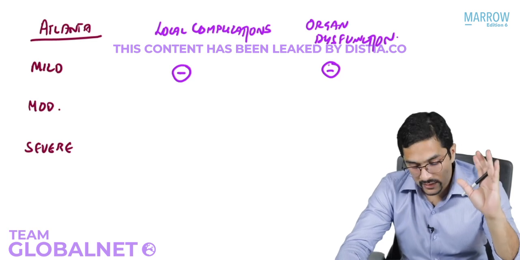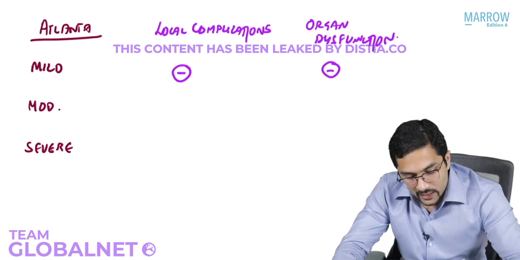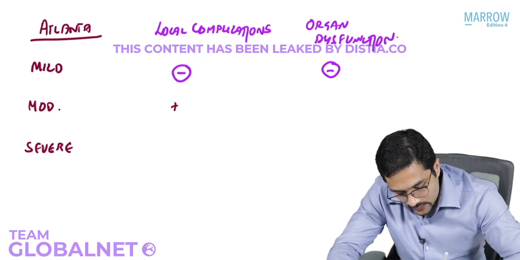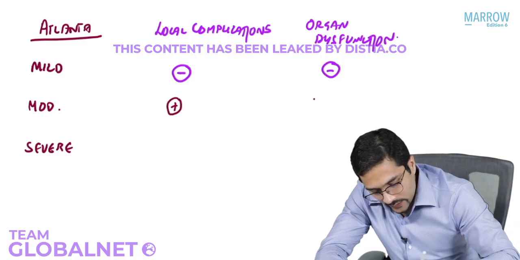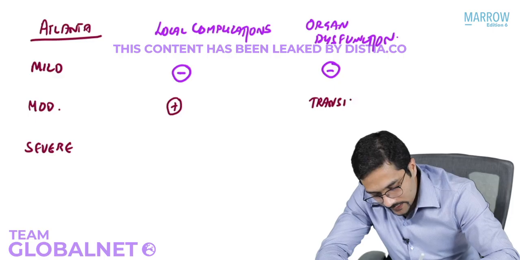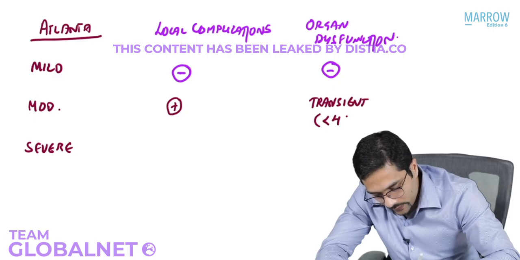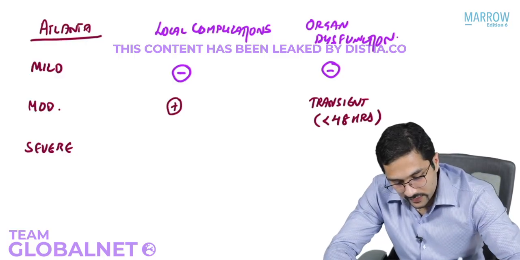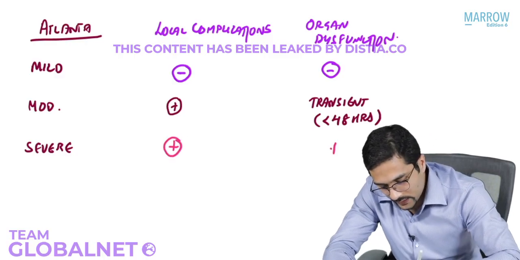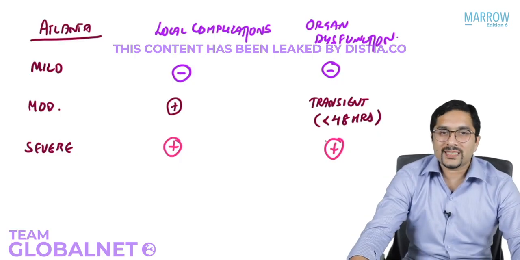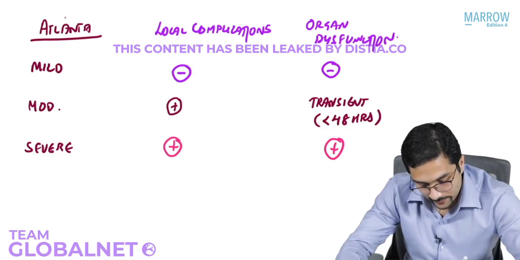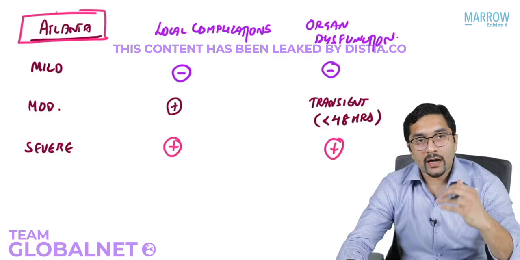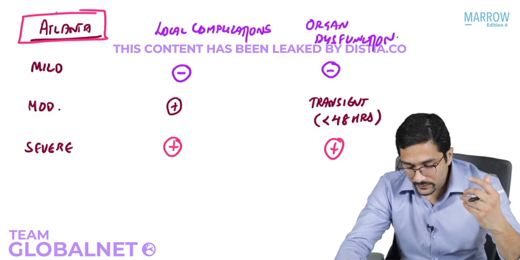In moderate, local complications are present and organ dysfunction can be transient. Transient means up to 48 hours there can be some organ dysfunction. Whereas in severe pancreatitis, there are both local complications and organ dysfunction or systemic complications. So this is how we can judge a mild, moderate or severe attack.